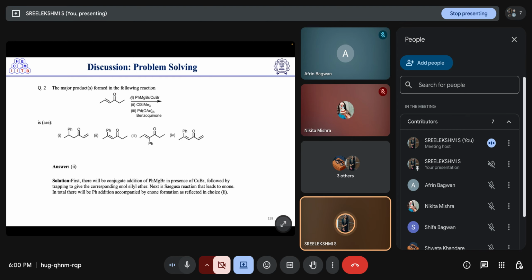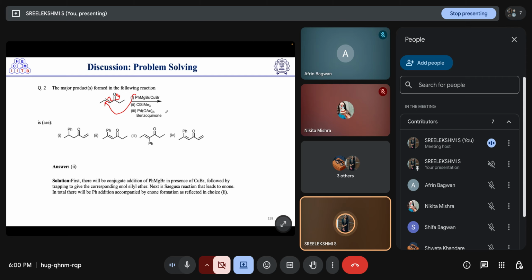I will tell one more time. So firstly, this phenyl group will attack in this 1,4 fashion because of the presence of this copper. This is not simple Grignard addition, it is Gilman addition. And then this double bond will shift over here, and this O minus will take up this trimethylsilyl group.